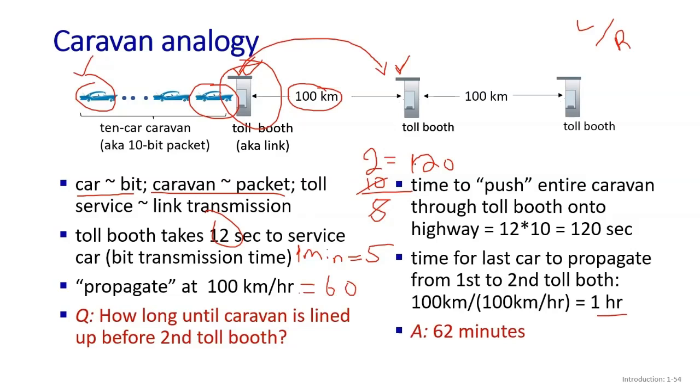This 120 seconds, or 2 minutes, is analogous to transmission delay, whereas the 62 minutes is analogous to propagation delay.